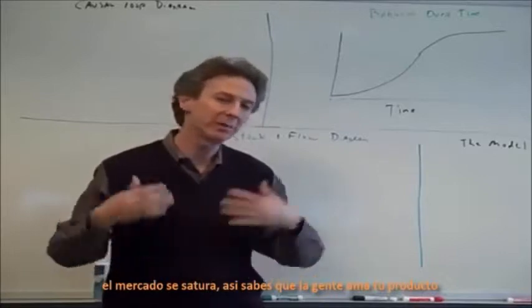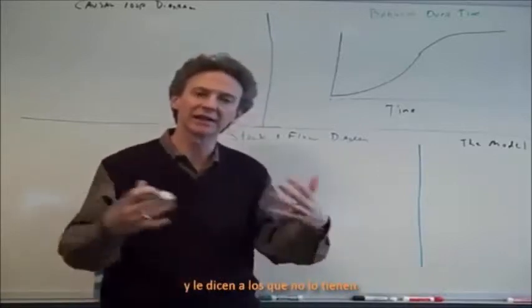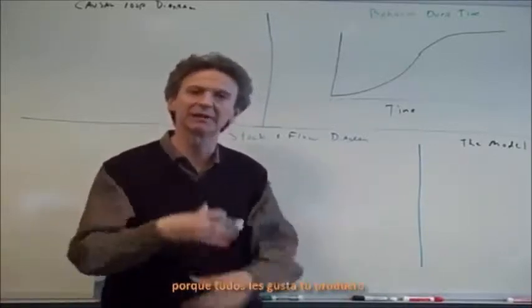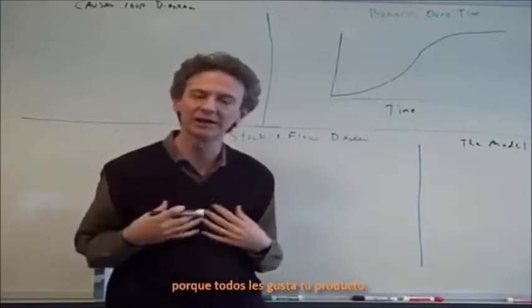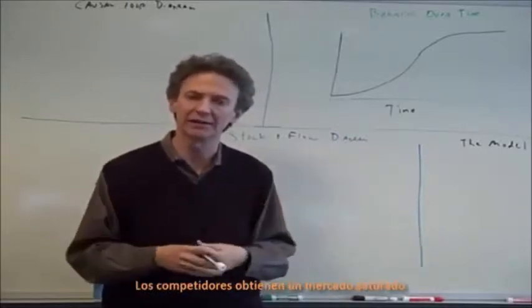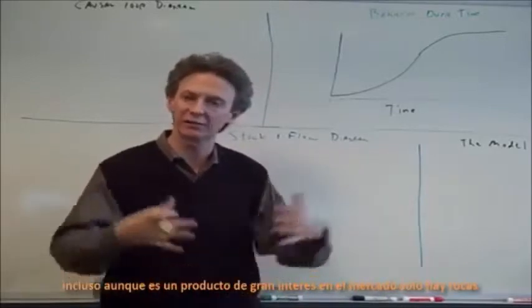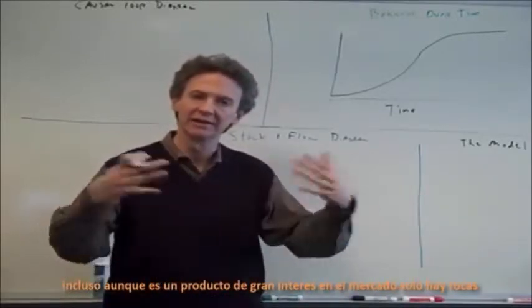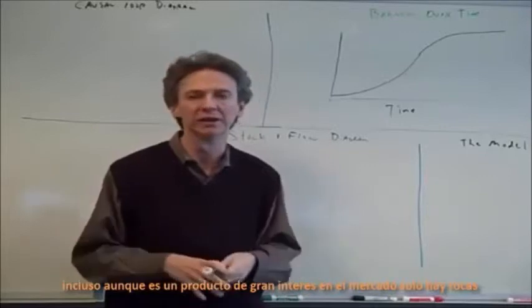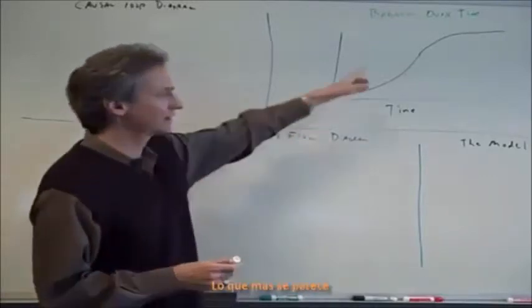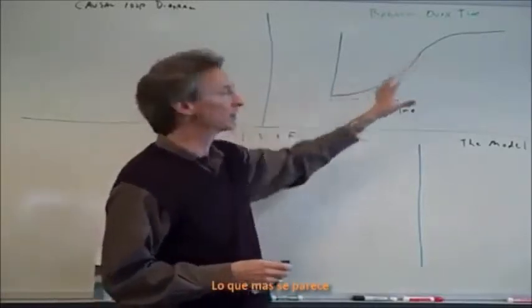So people love your product, they tell others, but there's less and less people to tell it to because everybody's adopted your product or a product like it from competitors. So the market gets saturated. So even though it's a great product and high interest, it just has run out of room to grow. So that's essentially what most growth looks like.